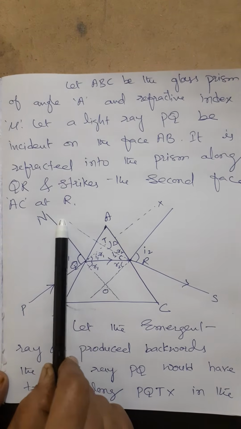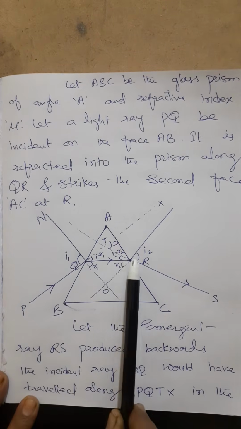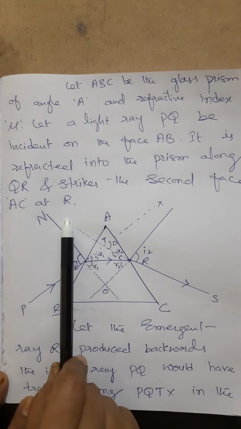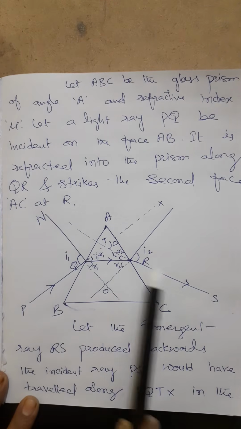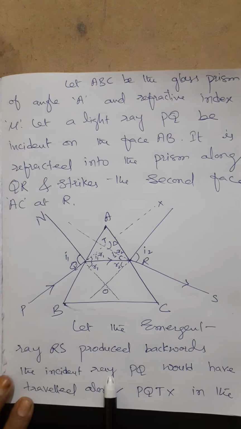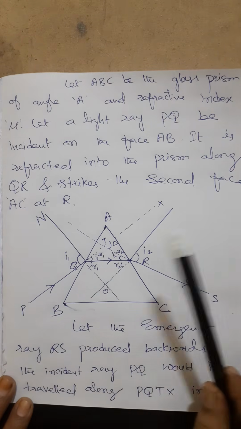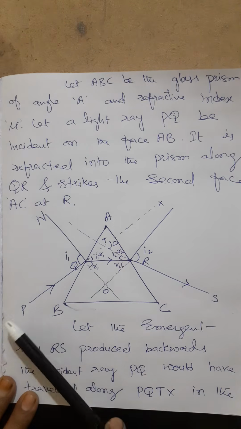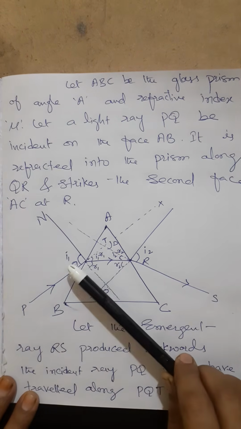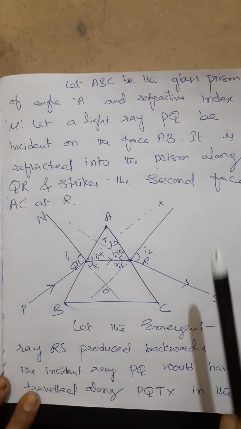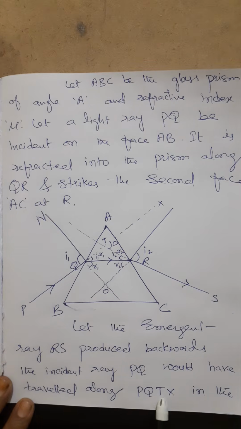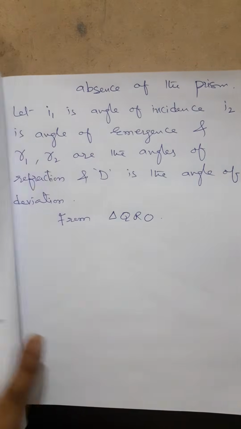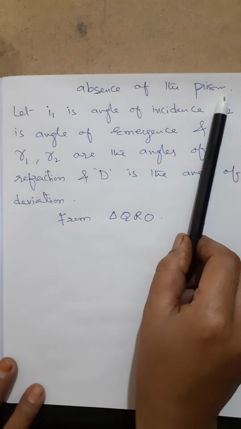These dotted lines represent RS produced in the backward direction. The incident ray PQ would have traveled along PQTX in the absence of the prism. Now imagine there is no prism, then the ray will travel as PQTX.